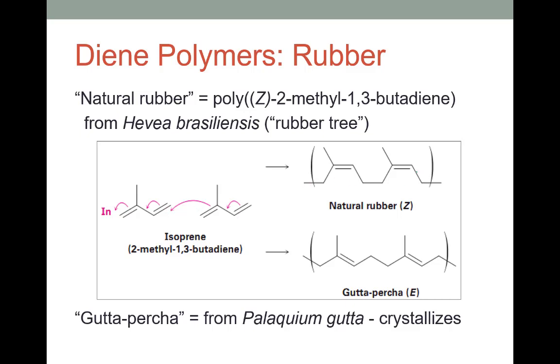This can form natural rubber if the assembly is in the Z form, and so we end up with this kind of structure. Can form gutta percha if it's formed in the E form, so the same chemistry but an opposite stereochemistry there on those alkenes, and it's a different polymer with different properties.